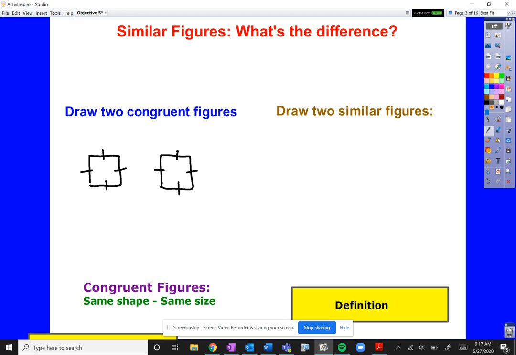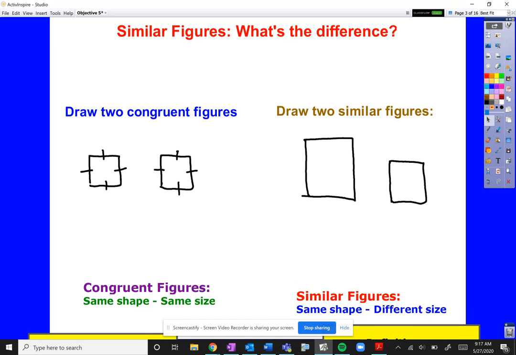They're exactly the same. Now with similar figures, it's going to look something a little more like this. So there's kind of this scaling going on here. And the thing with similar figures is that they're the same shape, but they're a different size. And when I say shape, guys, I don't just mean that they're both rectangles.